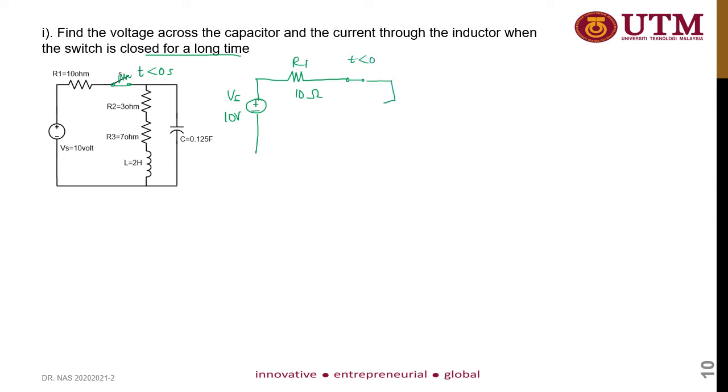And then you have your resistor R2 equal to 3 ohms, and then R3 equal to 7 ohms, and you have the inductor when the switch is closed for a long time. In steady state condition, the inductor appears as a short circuit while the capacitor appears as an open circuit.